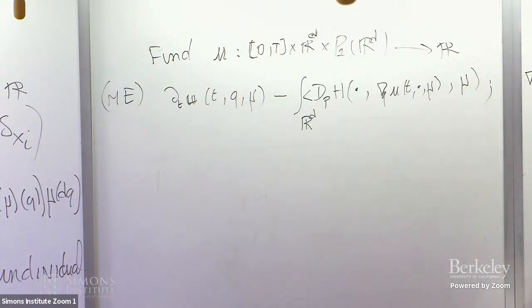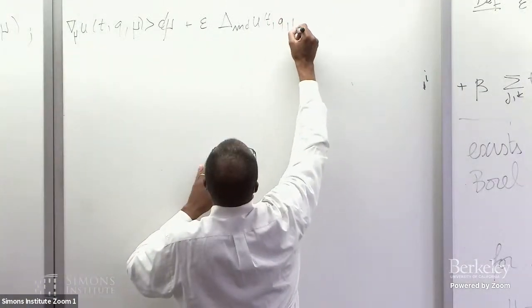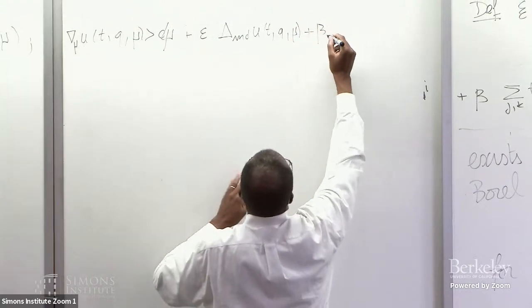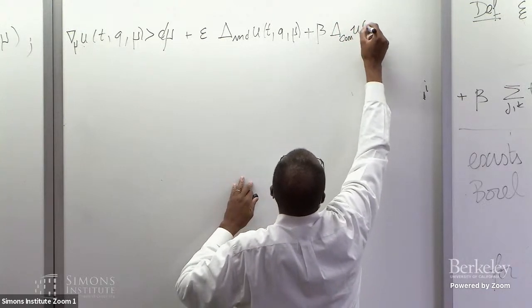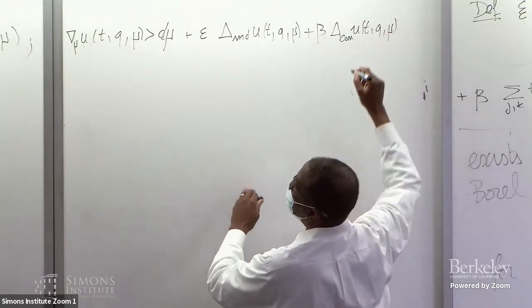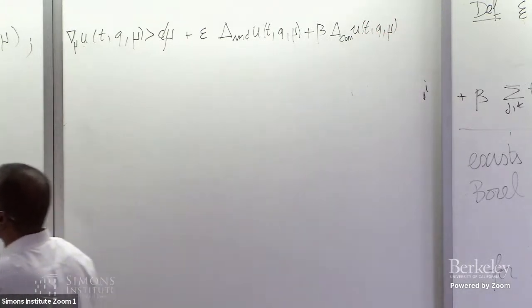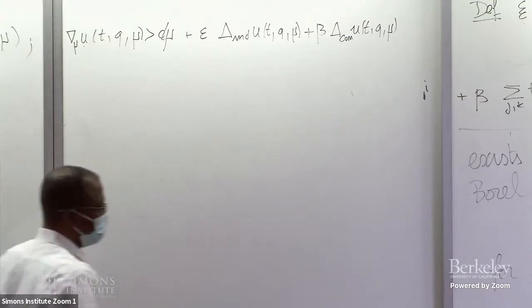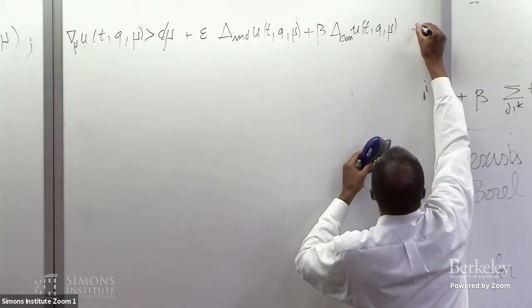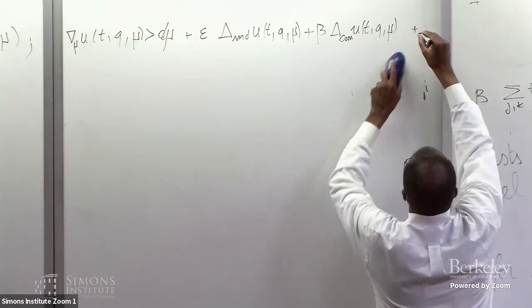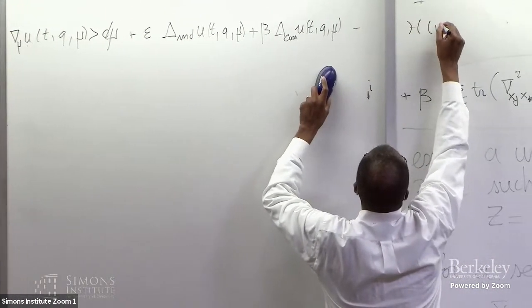So I am going to write plus ε, the individual noise operator, of U(t,q,μ), plus β, the common noise operator, of U(t,q,μ), plus H minus H of μ.